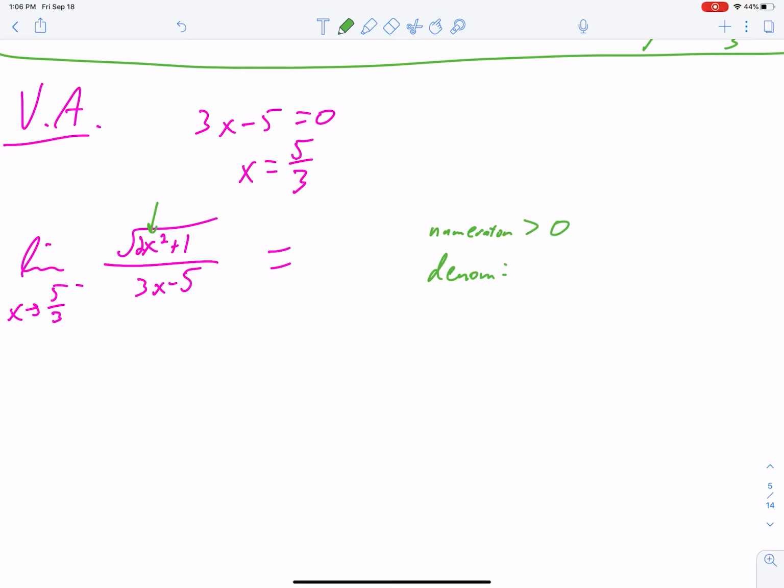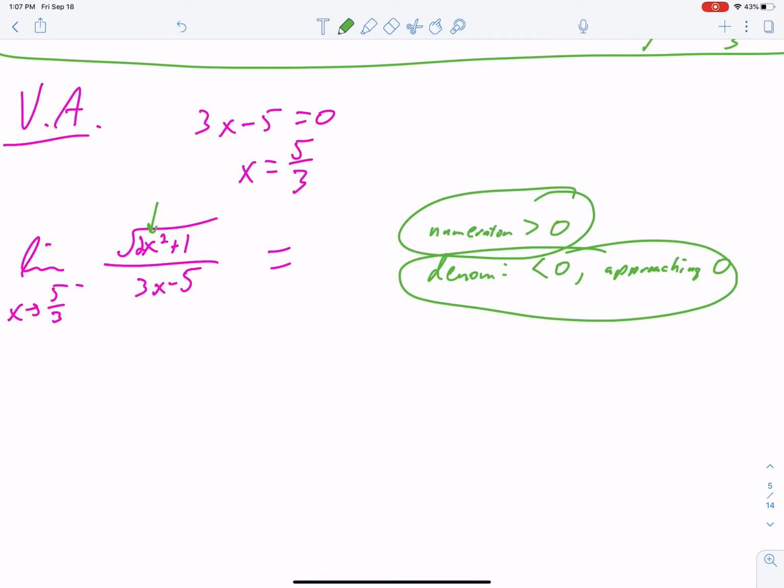So the denominator is going to be negative, but it's going to be incredibly close to 0, approaching 0.